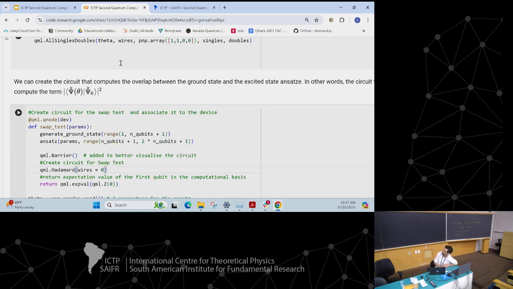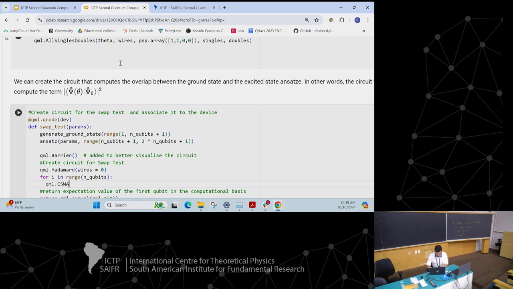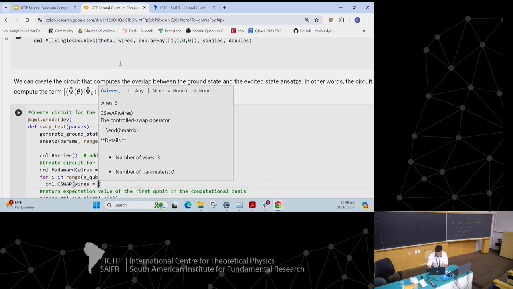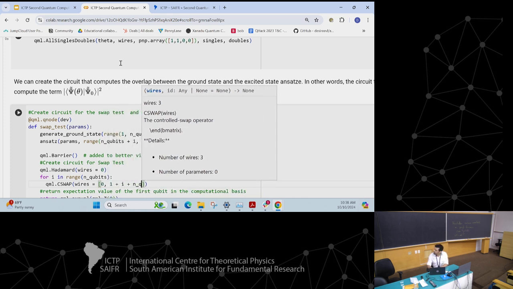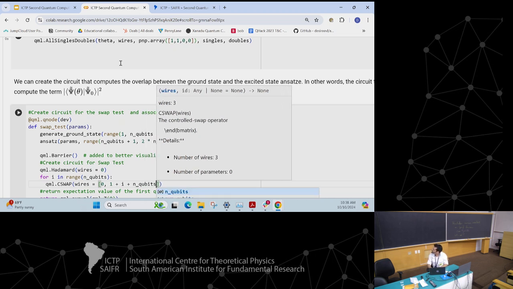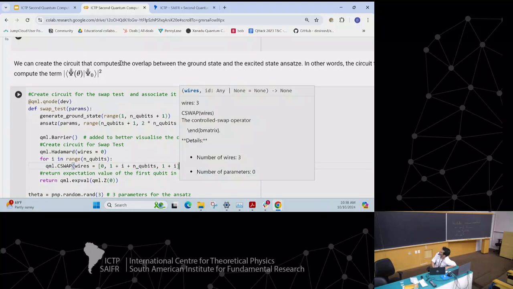So we apply a Hadamard gate to our extra qubit. We're going to apply a series of control swap gates. And I'll explain the syntax when we draw the circuit.